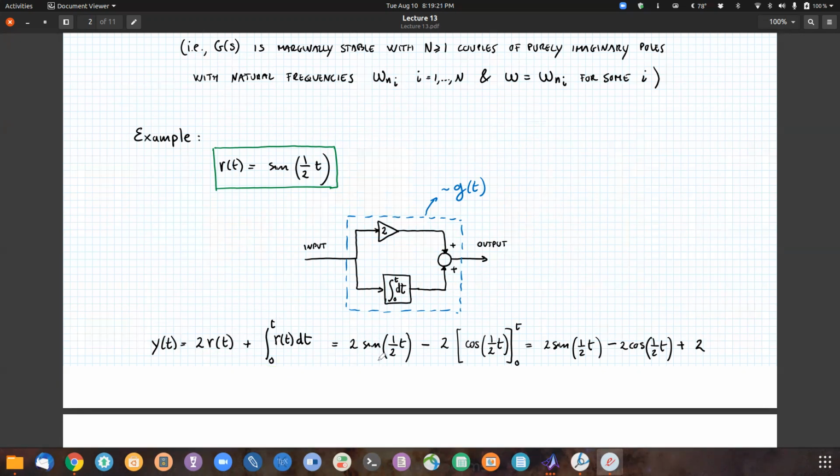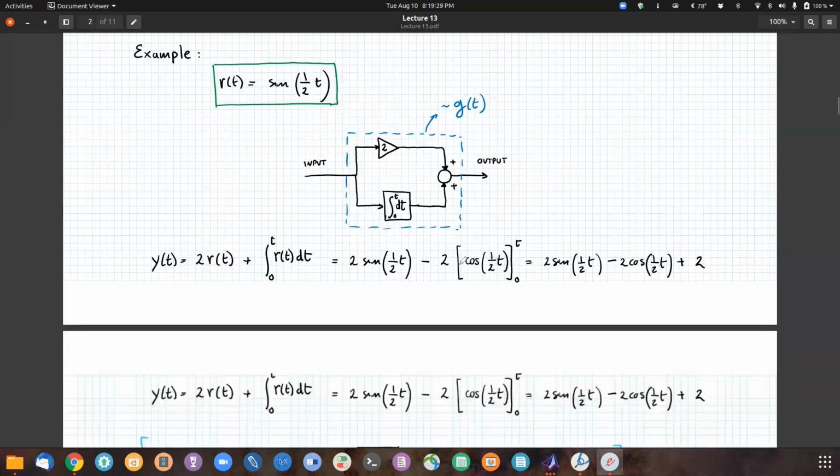So r of t being sine of 1/2 t, we have 2 sine of 1/2 t minus, and now here we've solved the integral of sine of 1/2 t, which is minus 2 cosine of 1/2 t that has to be evaluated from 0 to t. And so we have 2 sine of 1/2 t minus 2 cosine of 1/2 t plus 2.